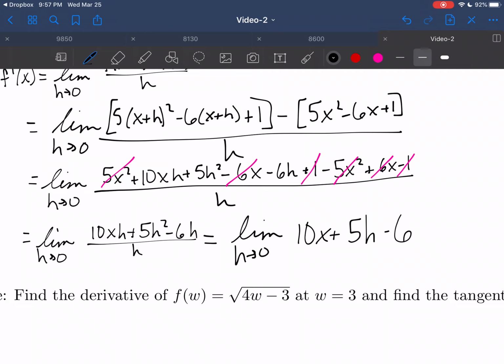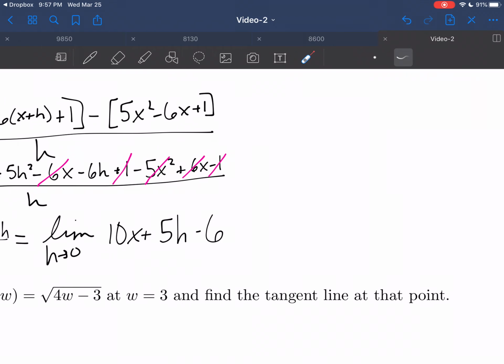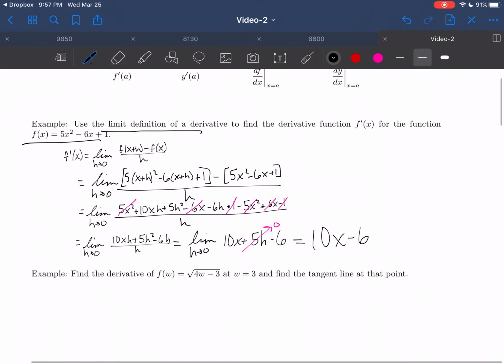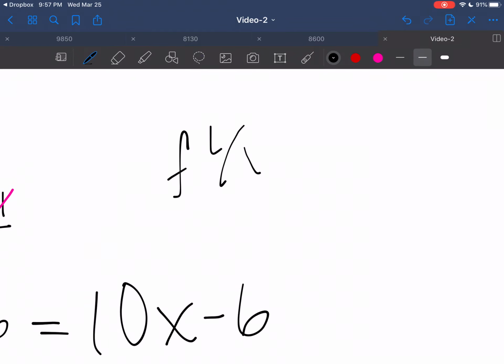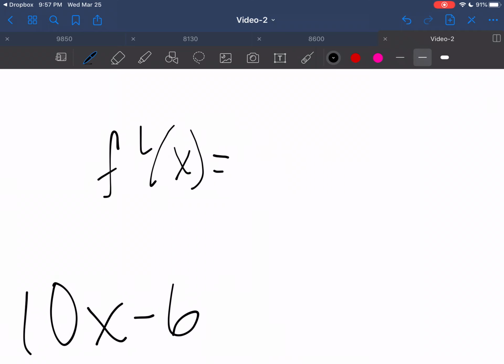Because we have an h in each one of these terms, we can factor it out and then cancel with the denominator. And now we can evaluate our limits. We can plug 0 in, and we end up with this 5h going to 0. So we're left with 10x minus 6, which is our derivative. So our derivative, f prime of x, is 10x minus 6.